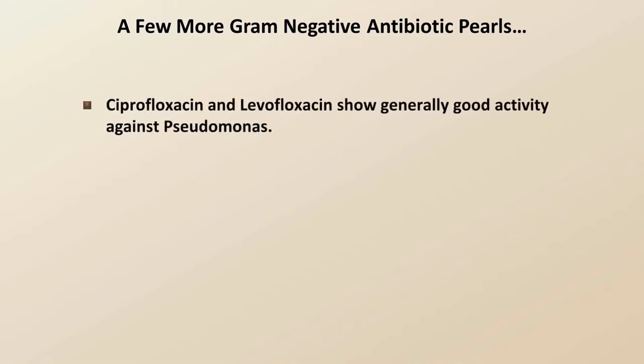There are a few more gram-negative antibiotic pearls of which you should be familiar. As you may recall from Lecture 3 on the classification of antibiotics, ciprofloxacin and levofloxacin show generally good activity against Pseudomonas.